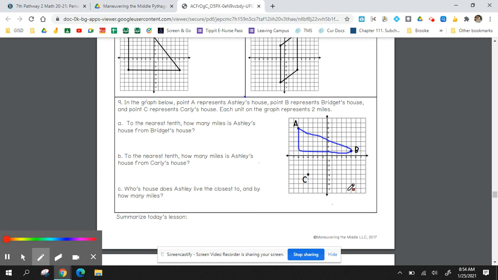From Ashley's to Carly's house, it's not as big a triangle, but it is the red one. Do the same thing as the rest of the paper. Whose house does Ashley live the closest to and by how many miles? It would be finding those C distances and comparing them. If you have questions, please get a hold of Miss Hill or myself.